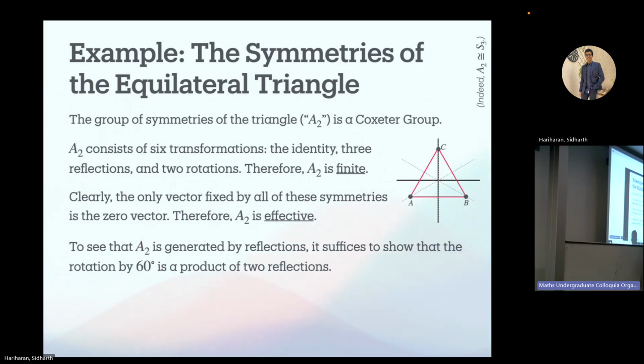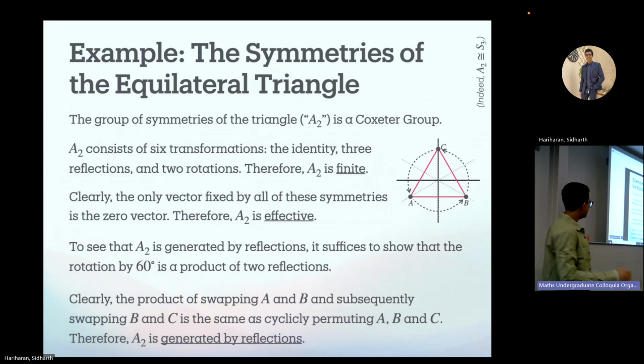So effectively, what we've done is we've performed a rotation of this triangle by 120 degrees. So clearly, this rotation is a product of 2 reflections. Okay. Therefore, you can see that this subgroup A2 of the orthogonal group in 2 dimensions is generated by reflections.